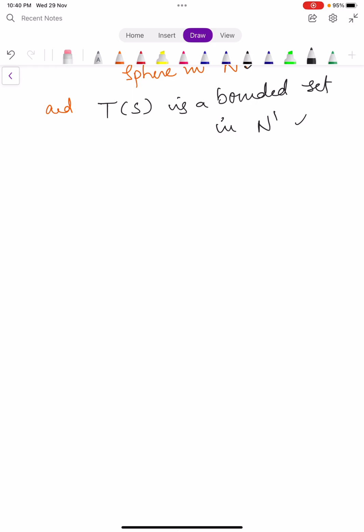Now we have to prove that norm T of X is less than or equal to K into norm X. To prove this, we use two different conditions.